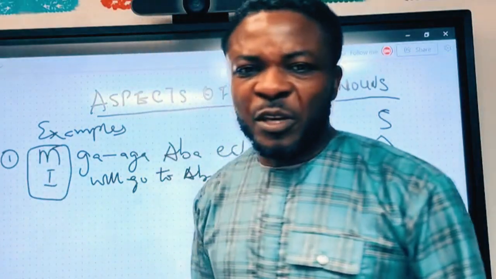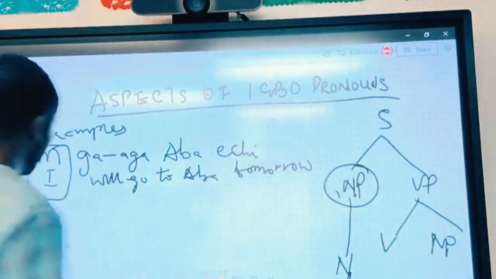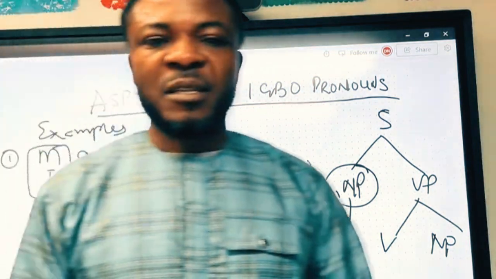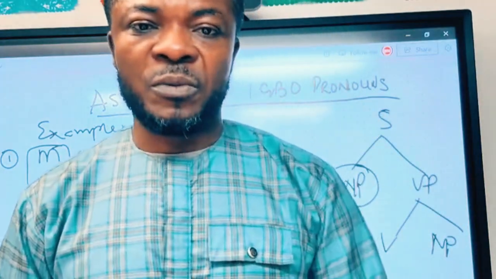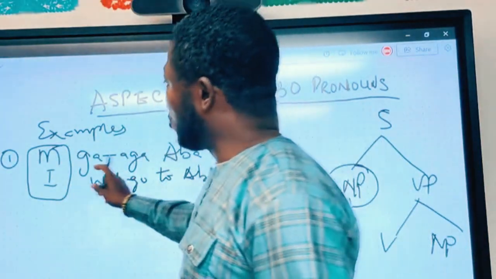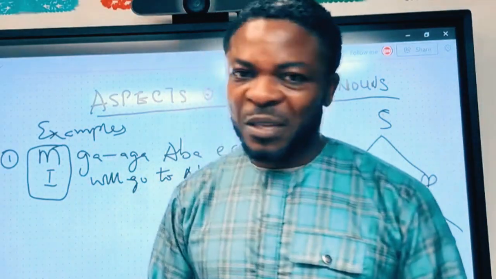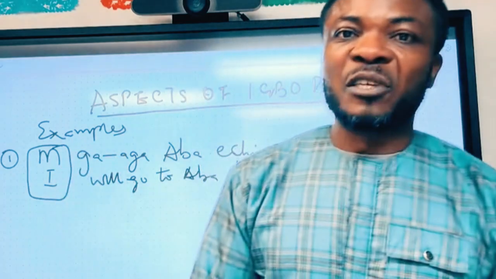My pronoun in Igbo is written apart. And there is no supportive law or rule that will make me write this pronoun together with the next word that comes with it. This is just established like it is as true as tomorrow.